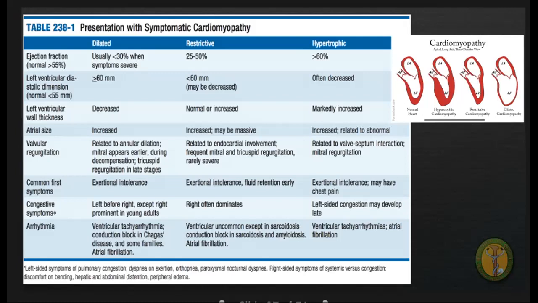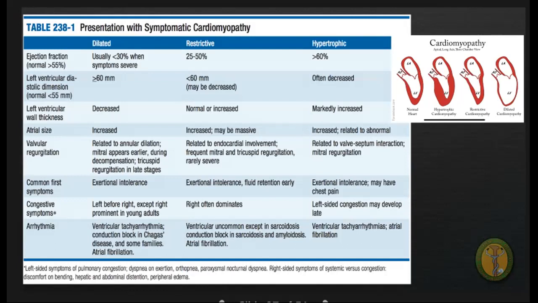Mitral regurgitation appears earlier than tricuspid regurgitation and is secondary to annular dilatation. This will present clinically as exertional dyspnea and left-sided congestive heart failure symptoms before the right-sided symptoms.